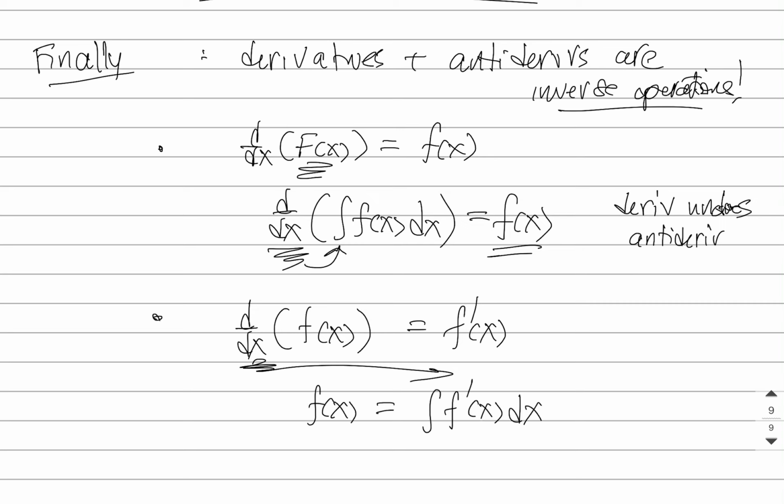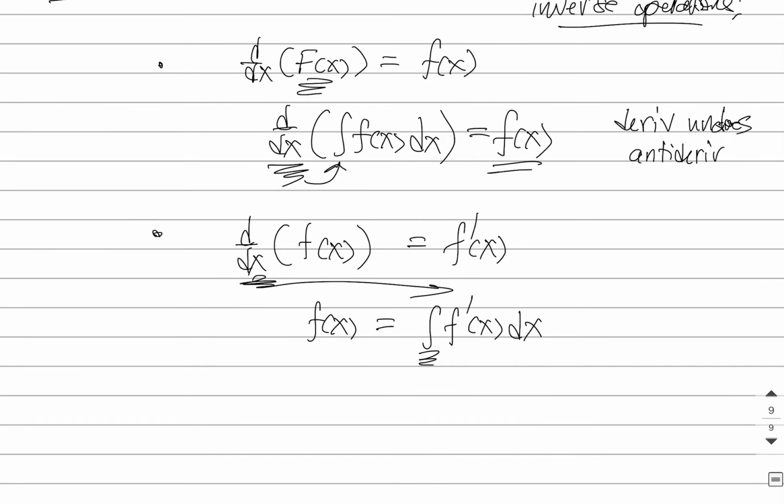And what we're seeing is that the antiderivative of a derivative just gets you back the original function. So the antiderivative undoes a derivative. It all makes sense. Plus sign, minus sign, multiplication, division, differentiation, antidifferentiation. Everything makes sense.